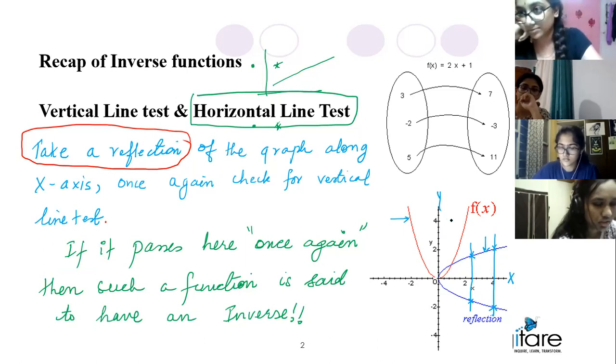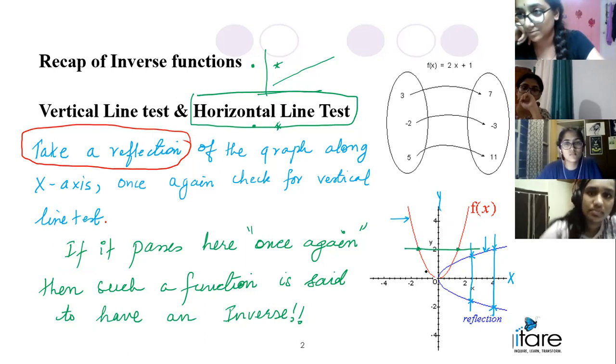Instead of that, can I just take the original graph and draw a horizontal line? Because if the horizontal line cuts in more than one place, the vertical line in the reflection will cut in more than one place. So the horizontal line test on the original graph without the reflection, if it cuts in more than one place, that means it is not an invertible function.